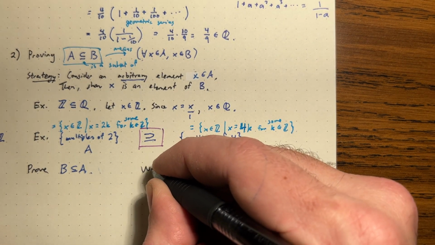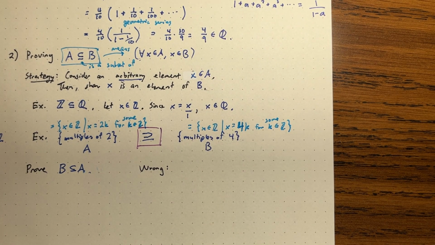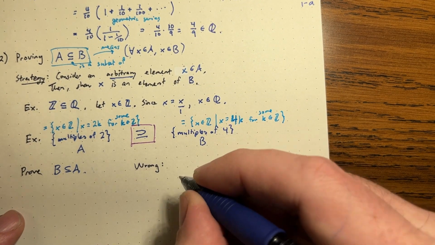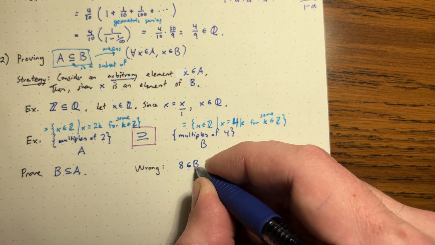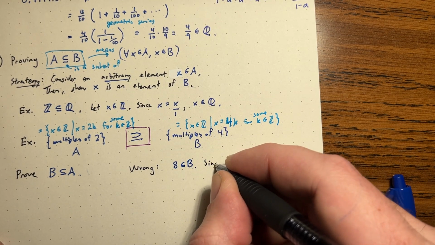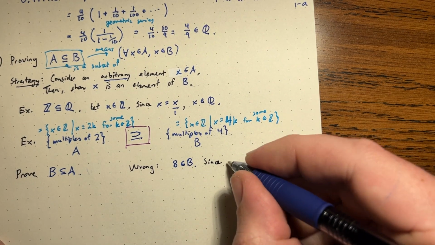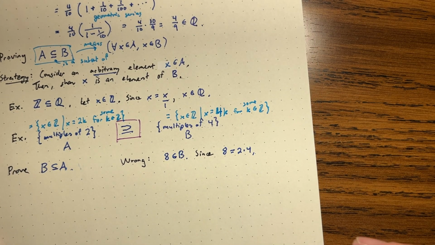First of all, here's a wrong proof, just to give you an idea. So a wrong proof would be, we'll take an element of B. Let's take, for example, the number 8. That's a multiple of 4. And then I'll say, since 8 is 2 times an integer, what do we conclude?